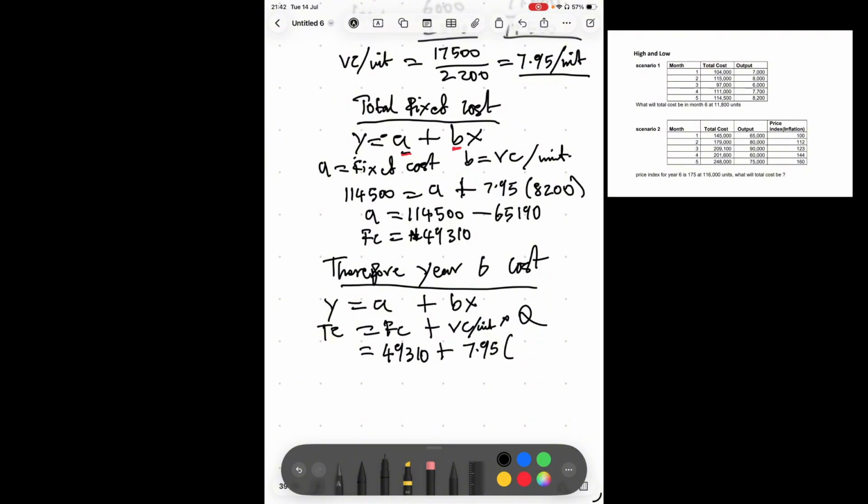From the question, we are told the output in year 6.